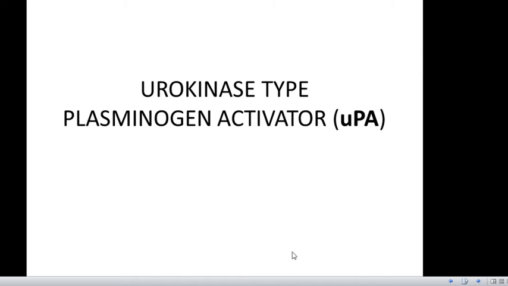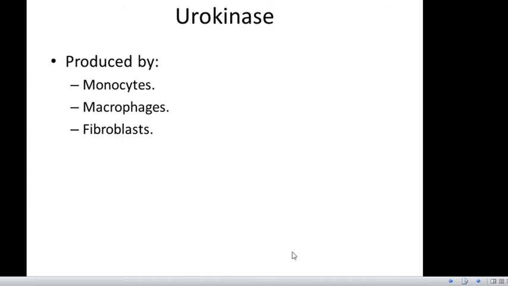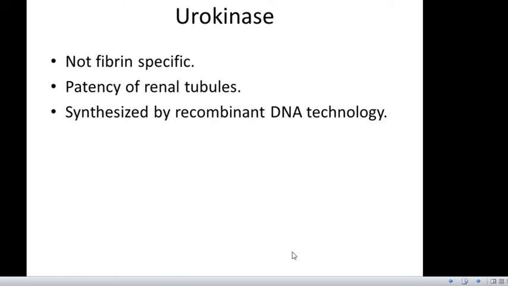Urokinase type plasminogen activator. This plasminogen activator was first isolated from urine but is now known to be produced by many other cells such as monocytes, macrophages, and fibroblasts. Urokinase is not fibrin specific, and it can activate free plasminogen present in blood plasma.